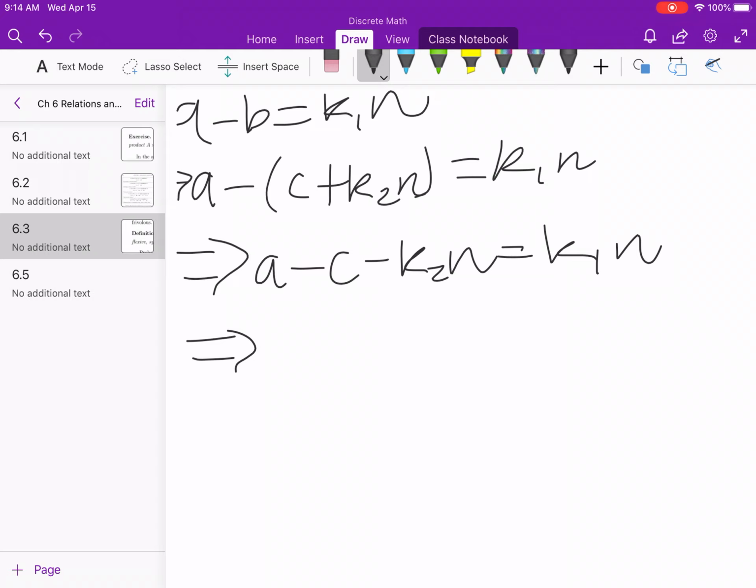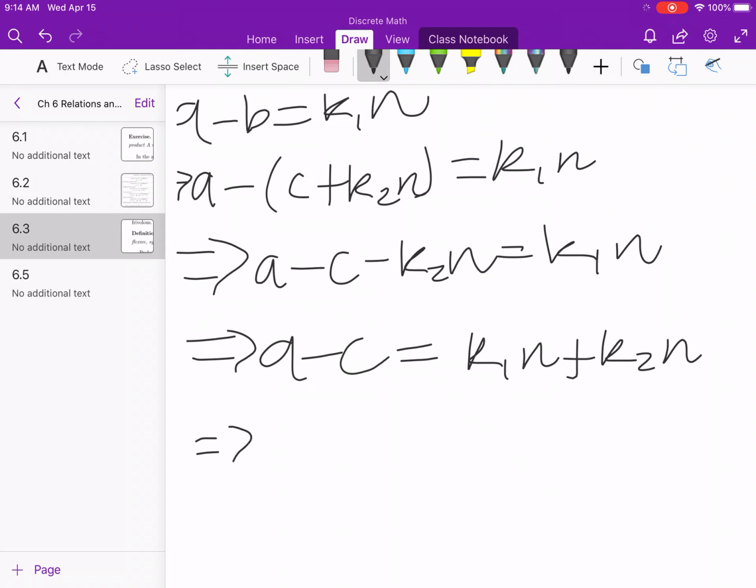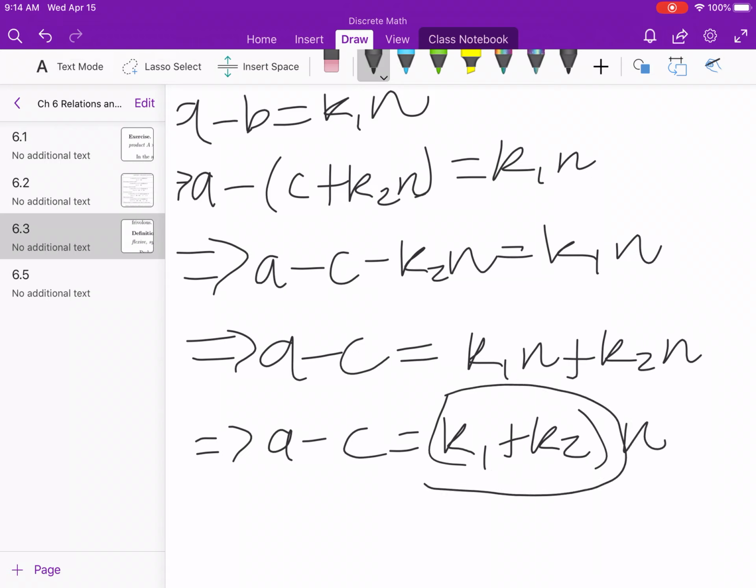So if I move that over, I'll get a minus c is equal to k1n plus k2n. And so a minus c is equal to k1 plus k2, and then the n is going to be on the other side. Now what do I know is true about this? I know that this is an integer value, because k1 and k2 are both integers, and we know that the integers are closed under addition.